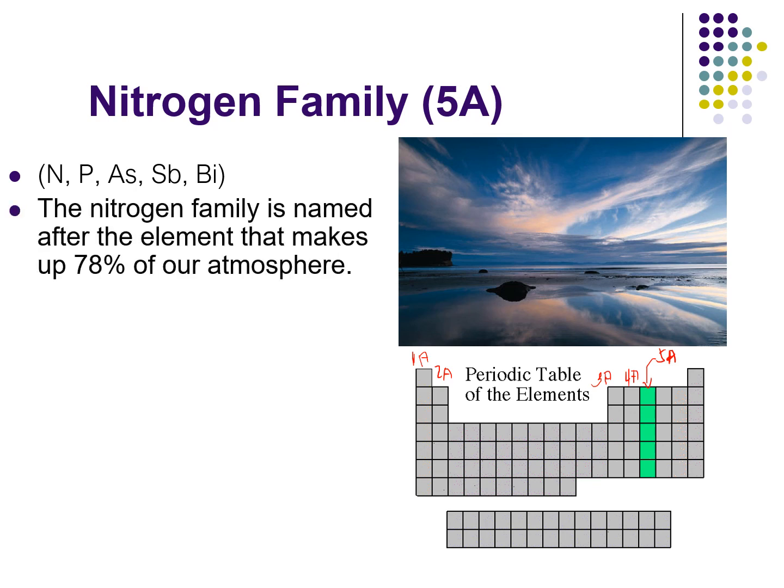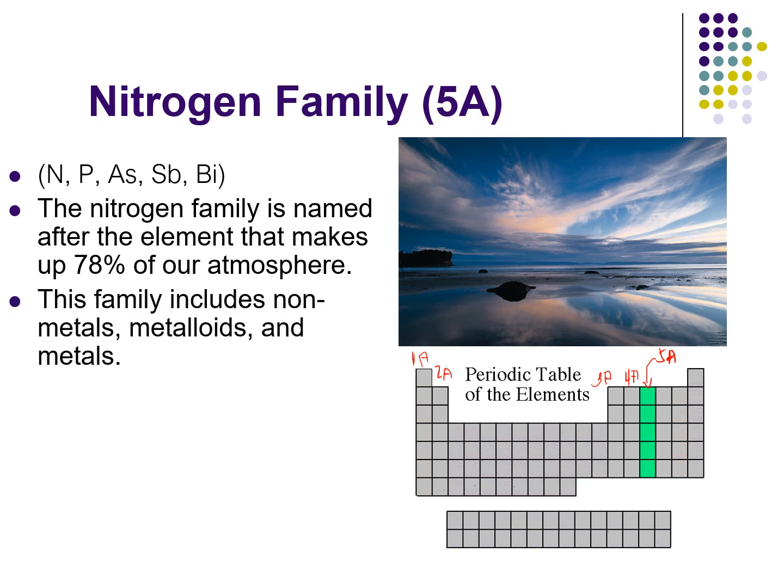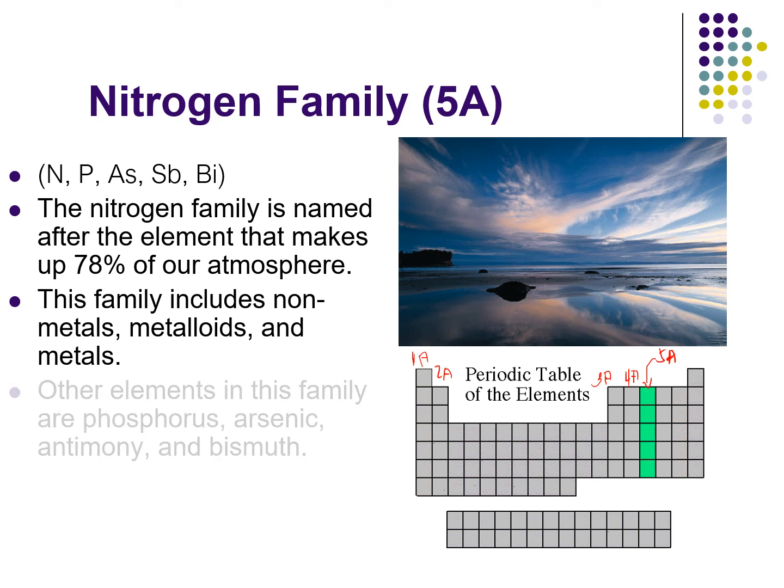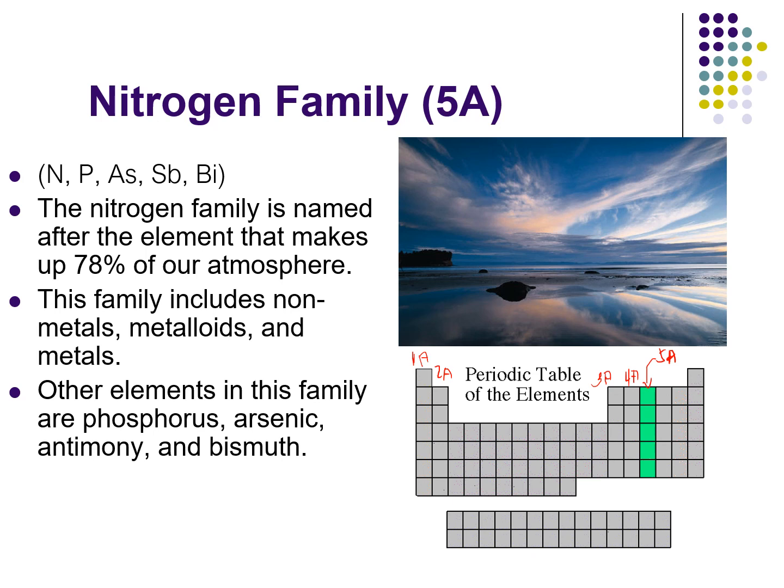So, the nitrogen family is named after the element that makes up 78% of our atmosphere, which is the nitrogen. This family includes non-metals, metalloids, and metals.